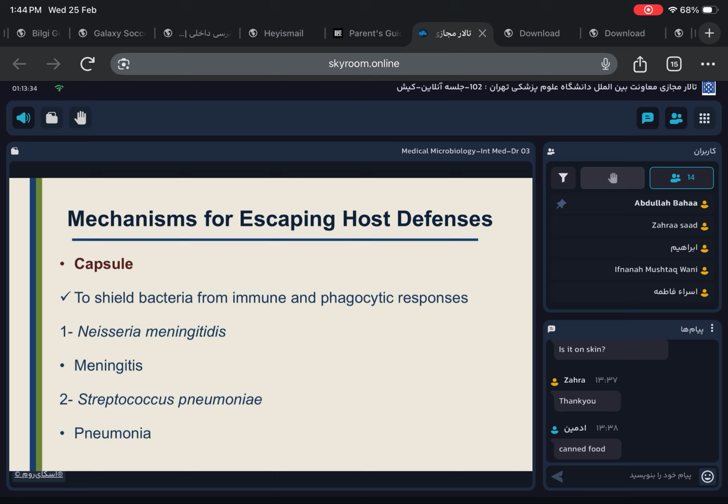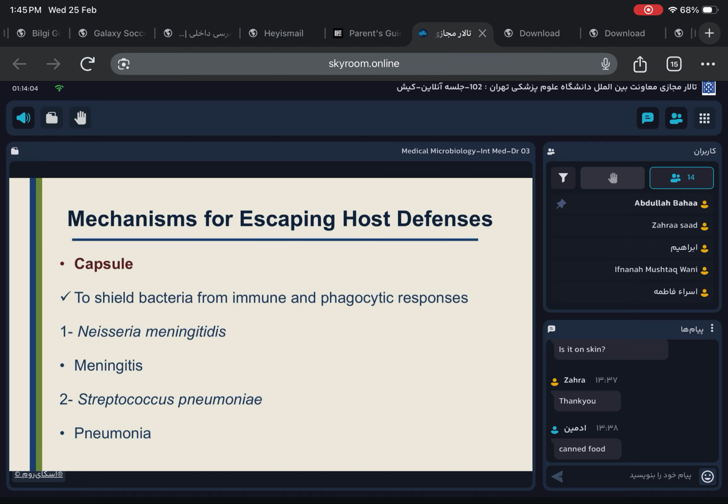For example, we have Neisseria meningitidis, which is a very important gram-negative bacterium. It causes meningitis, a severe disease which can lead to death in a very short amount of time. This bacterium has a polysaccharide capsule, and the capsule protects it from the immune system.